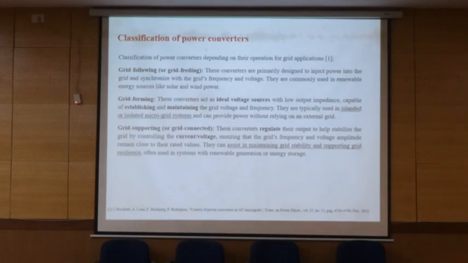But for this case, you make the measurement from the grid and then tune the operation of the converter and react based on that. So if the grid current or voltage is 50 hertz, it can create the 50 hertz because it measured the 50 hertz. So this is independent from the grid, but they are dependent. But in the case of the grid supporting, it can also be independent.